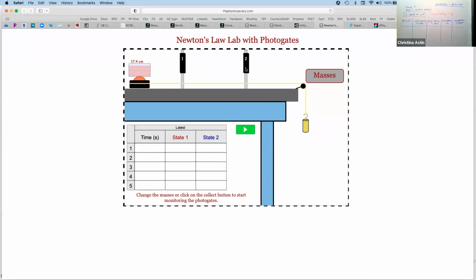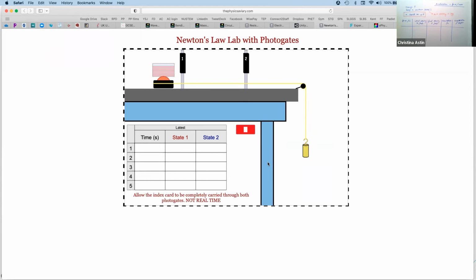And we're going to need to know the distance, which is the length of the card, 17.4 centimeters, and the time it takes cutting the light gate at each light gate place. All right, so I press start here, and you will see that each light gate triggers the start of the card and the end of the card. Watch what happens.